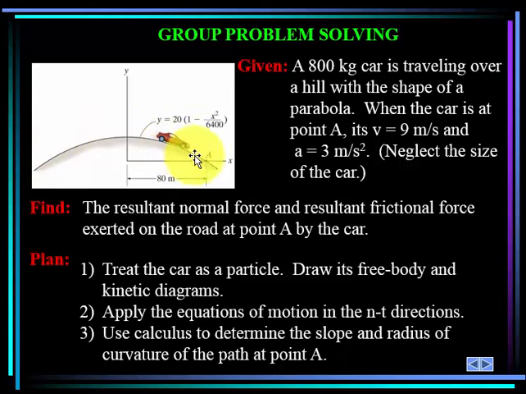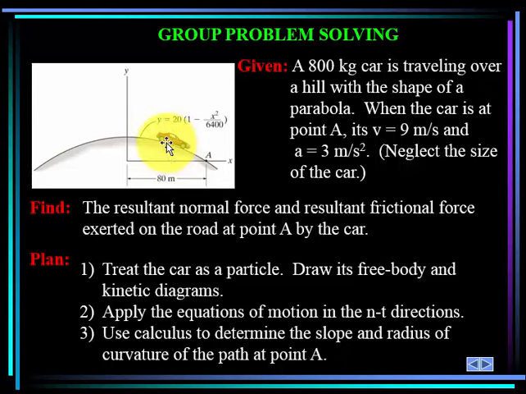So what's going on in a problem like this the instant before the car flies into the air? Well, what happens is the normal force between the car and the road goes to zero. Right before it flies off, the hill is supporting the weight. The instant after it's flown off, the hill couldn't possibly support the weight of the car.